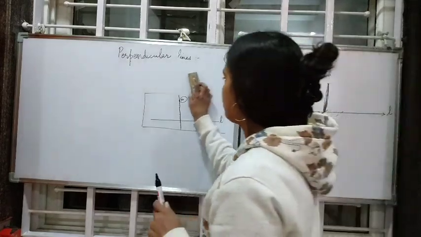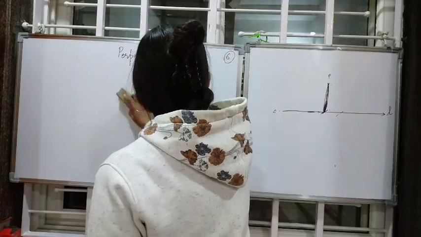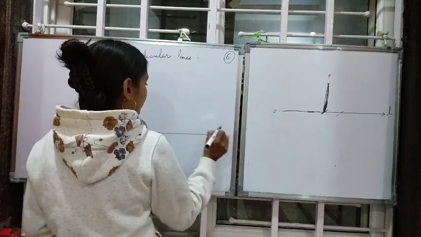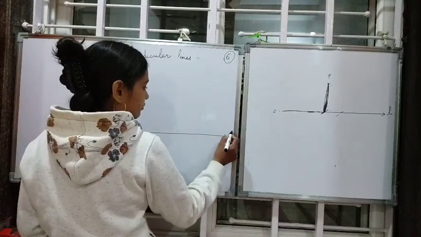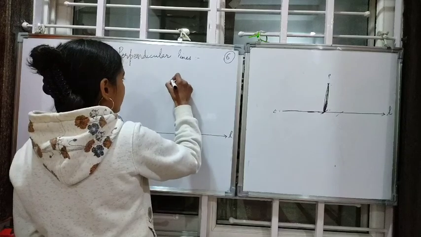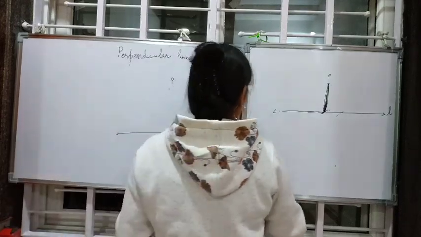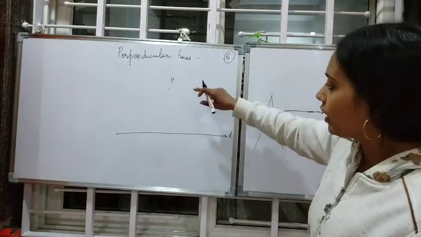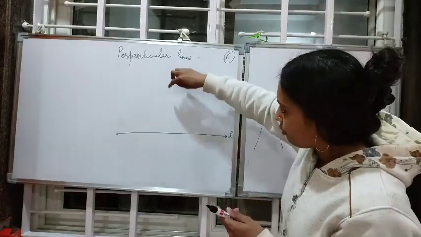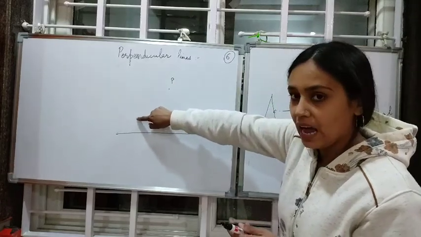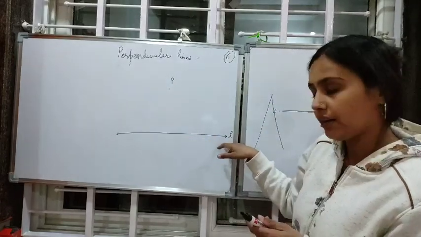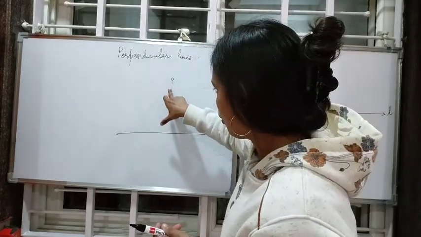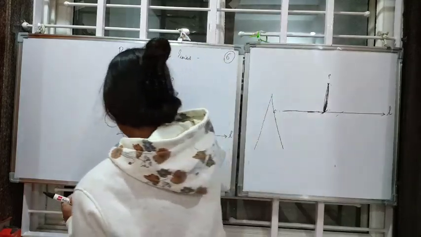Then using a compass, very simple. Take your line L. This is your point P. Now take your compass and fix the radius such that you can draw an arc from here and the arc should cut your line L. Suppose this much radius you took, and you have placed your pointer here and then you draw the arc.